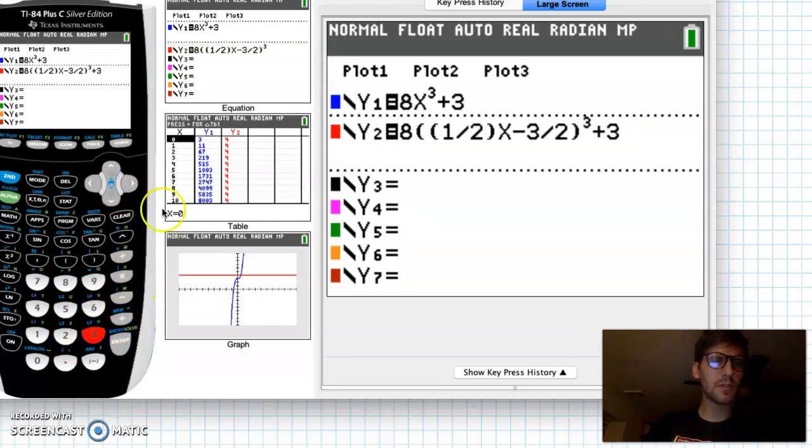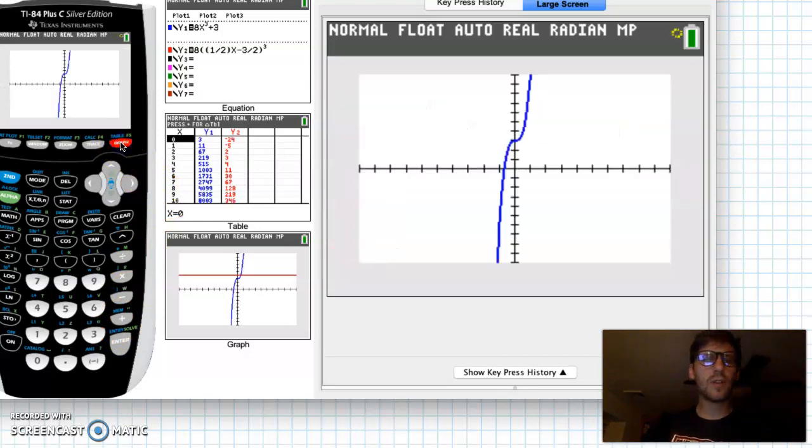Plus 3. Okay, so this should be shifted. Well, first it should have been stretched wide, so it should look a little bit flatter, and then shifted to the right 3 units. Looks good, right? It's slightly wider. It was stretched by a factor of 2 horizontally, then shifted to the right 3. Looks like a pretty accurate graph.